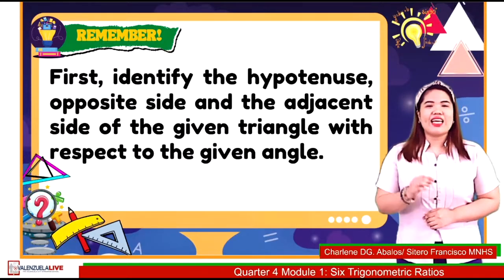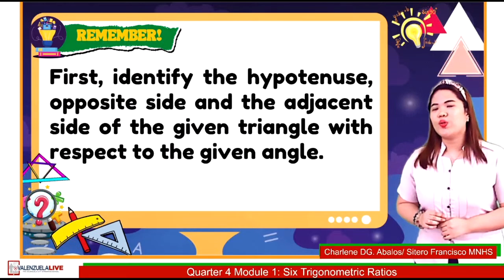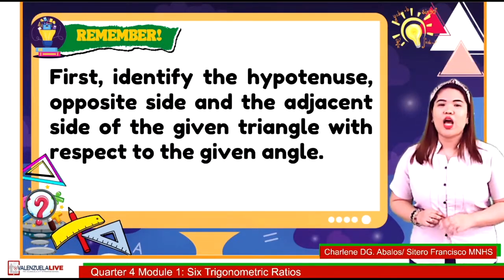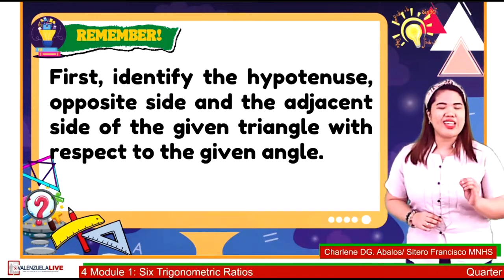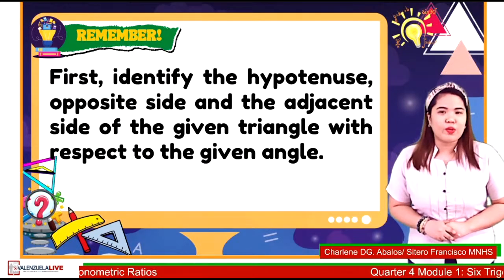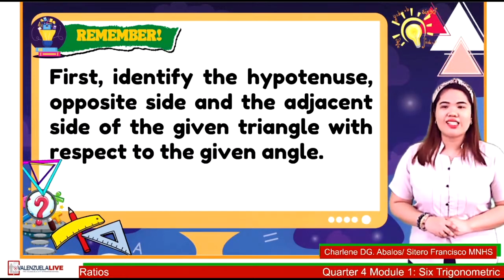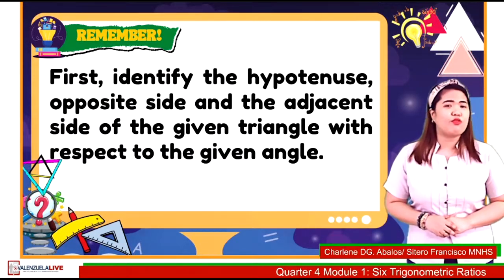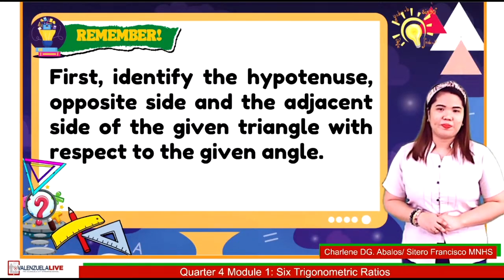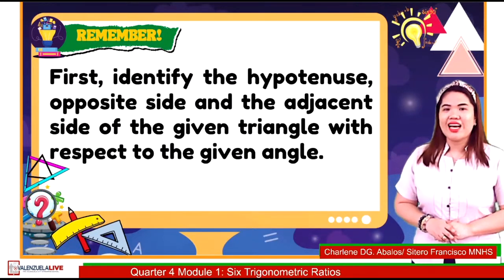Alright. Given that we have triangle HOT, let's now discuss the 6 trigonometric ratios. Always remember that you need to identify the lengths of a hypotenuse, opposite side, and the adjacent side of the given triangle for you to get the trigonometric ratios correctly. Let's start with the sine.